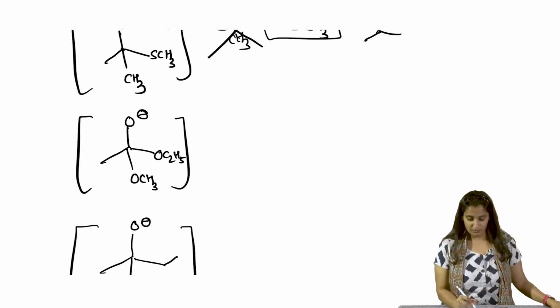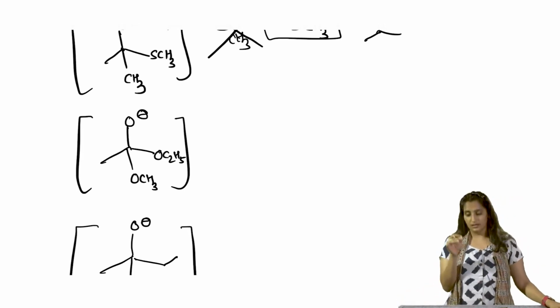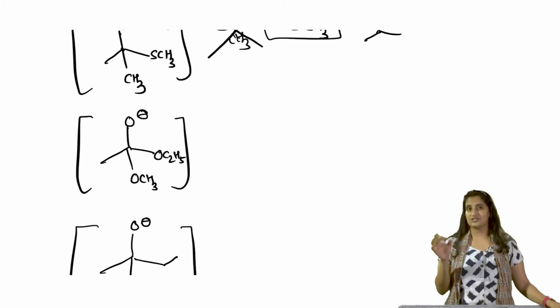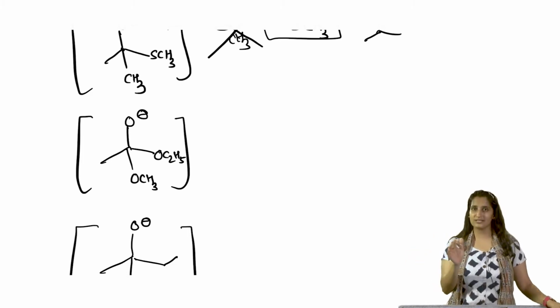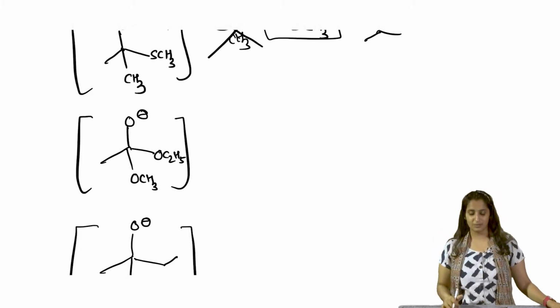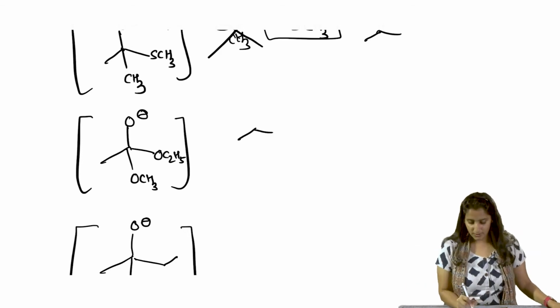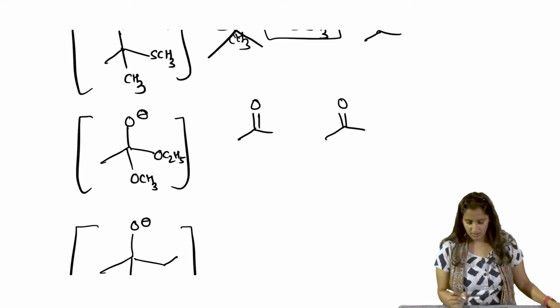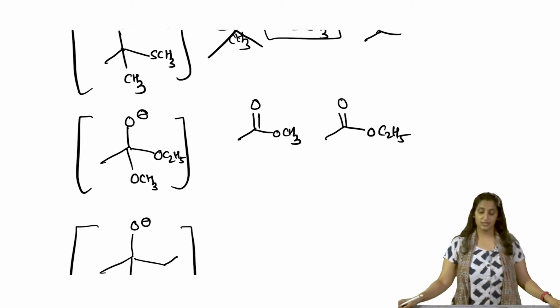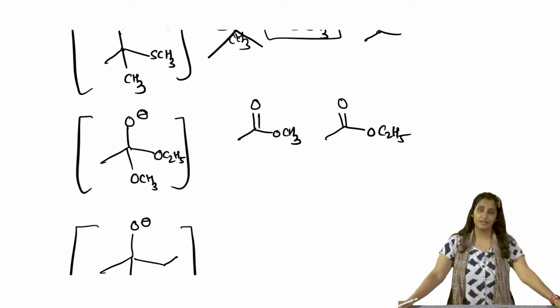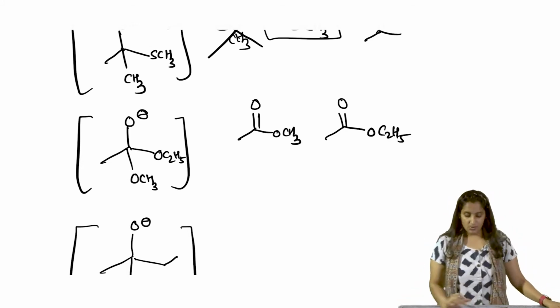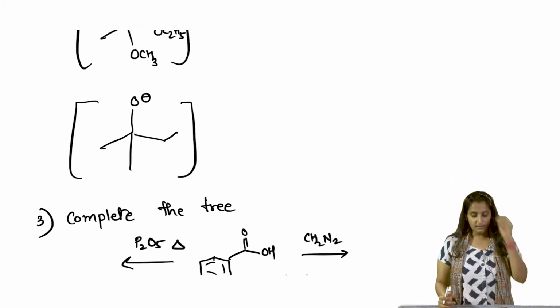So, for this one, because both of them have the corresponding pKaH very similar to 16. So, one is 16 and I think one is 15 point something. So, that is why you are going to form either this or this. Both of these are going to form as a mixture at the end of the reaction. Let us go and have a look at the next one.